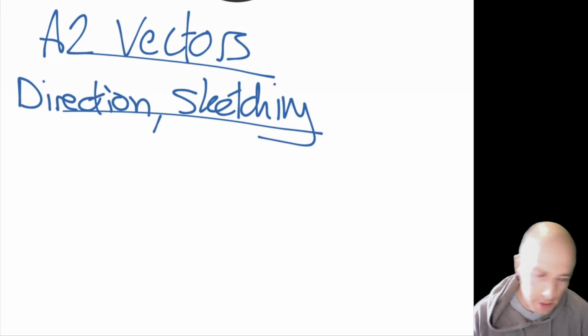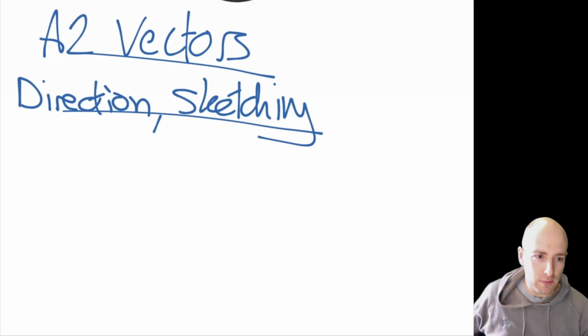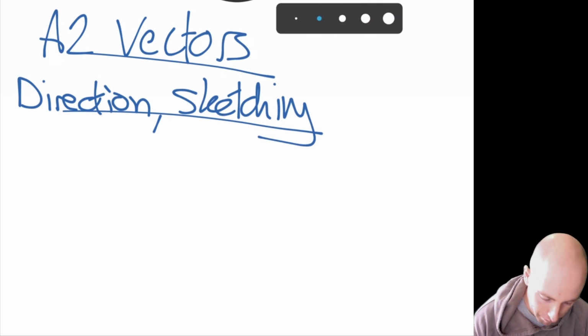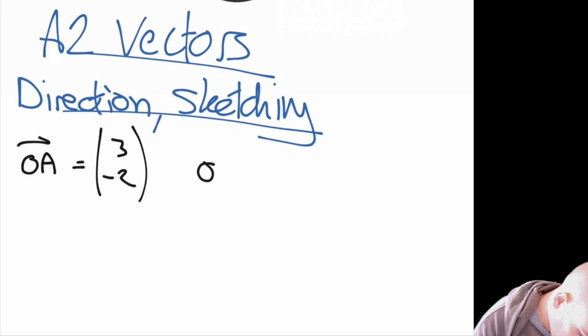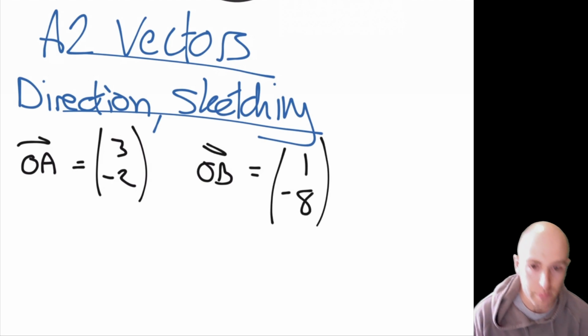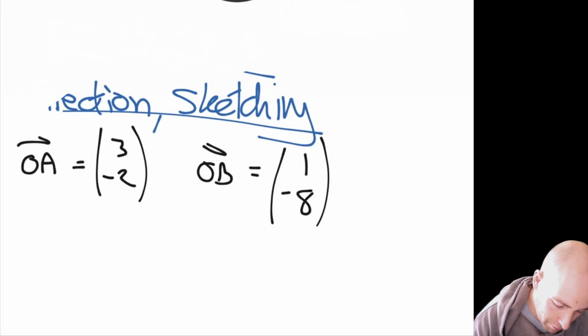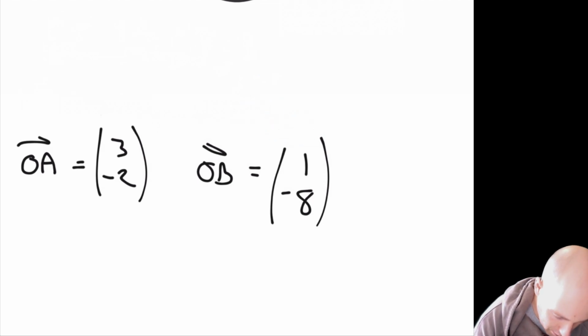As long as you get your direction and your sketches right, then you can normally do pretty well with vectors. So if we have OA equals (3, -2) and OB equals (1, -8), two vectors, I can sketch them wherever I like.